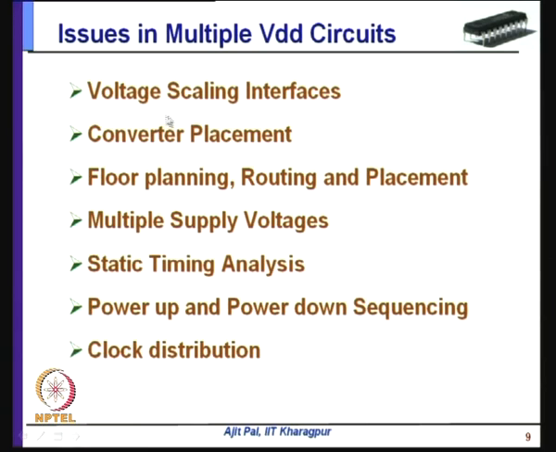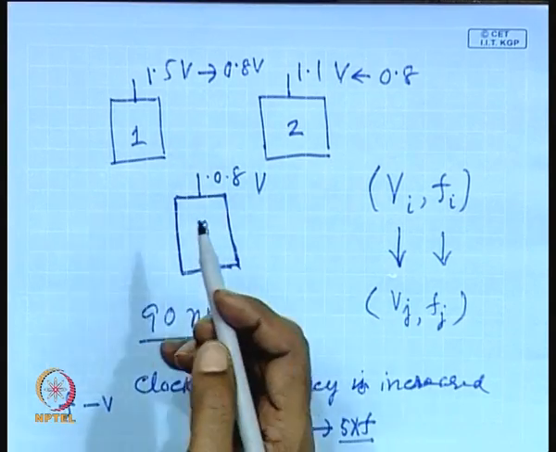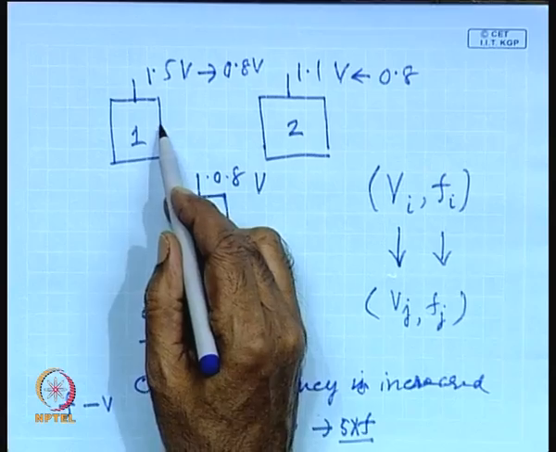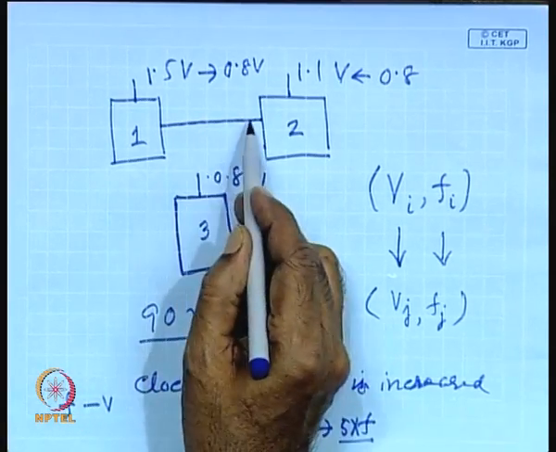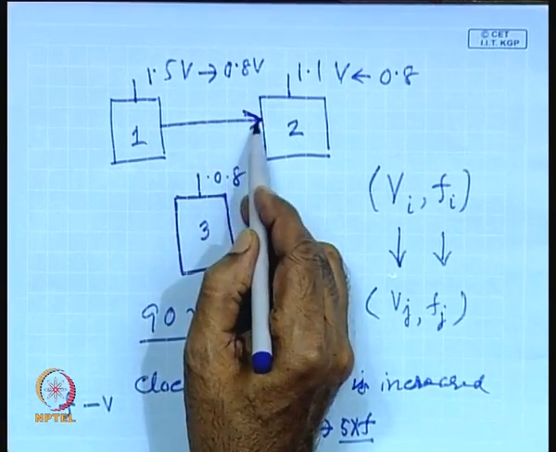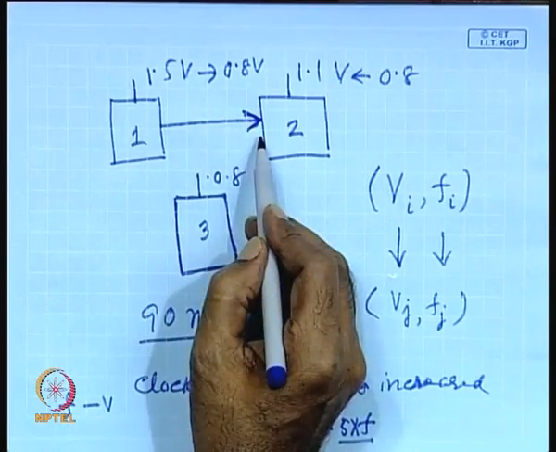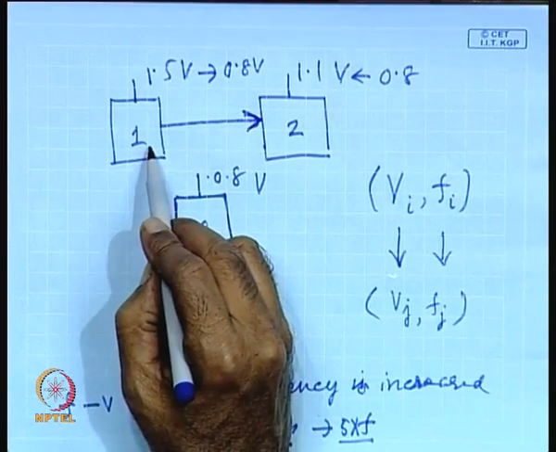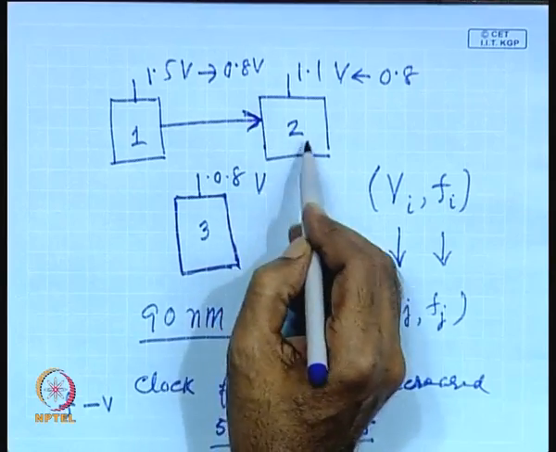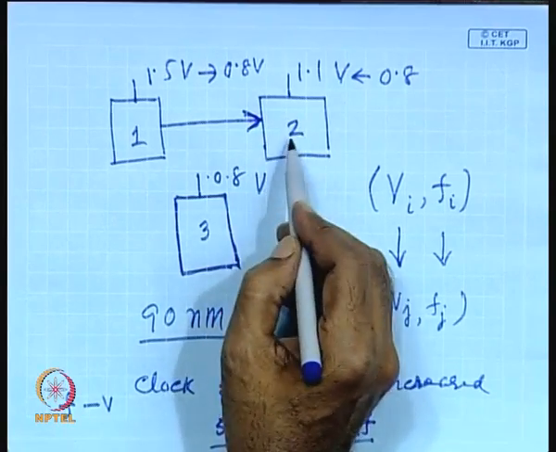Number one is voltage scaling interfaces. That means, whenever we are using two such macros or modules and a signal is going from one to another, we have to take appropriate action such that this output does not affect the operation of the circuit.